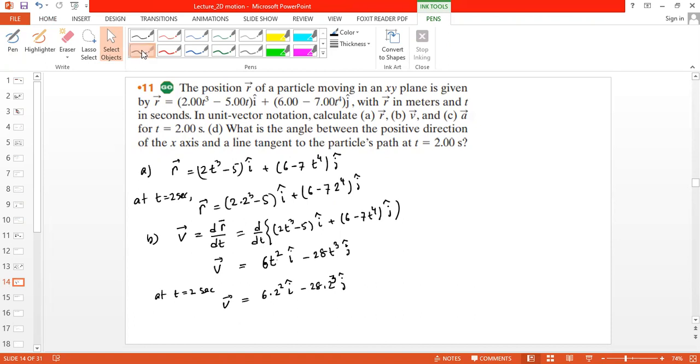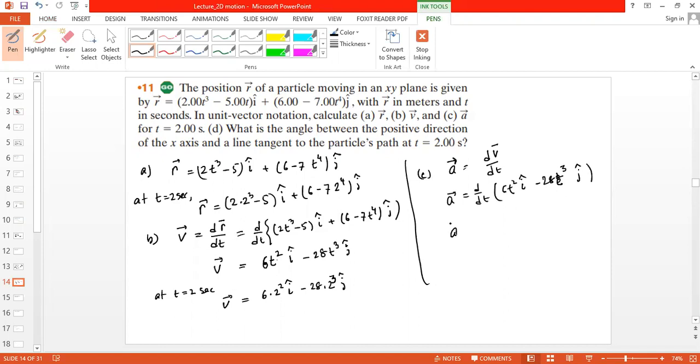And same again for the acceleration. For the acceleration, what I have to do, acceleration means dv by dt. So I have to differentiate this. So acceleration is basically d/dt of 6t squared i minus 28 t to the power 3 j.